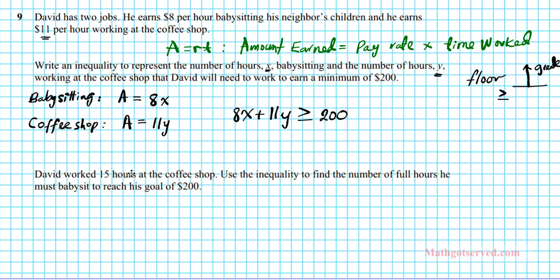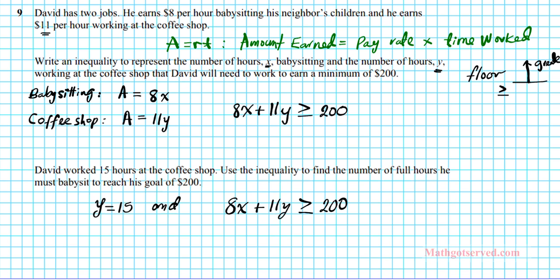Which variable is for coffee shop? y is the amount of hours he worked at the coffee shop, and x is the number of hours babysitting. So in this problem, we have y equal to 15, and we have the inequality from the first part: 8x, amount earned babysitting, plus 11y, amount earned at the coffee shop, must be a minimum of 200.